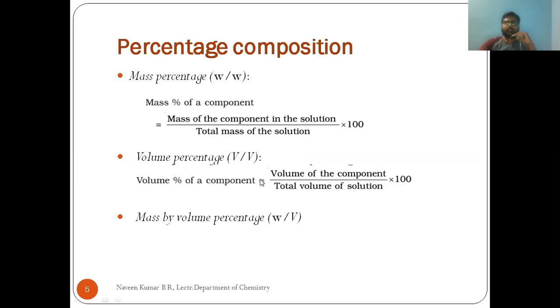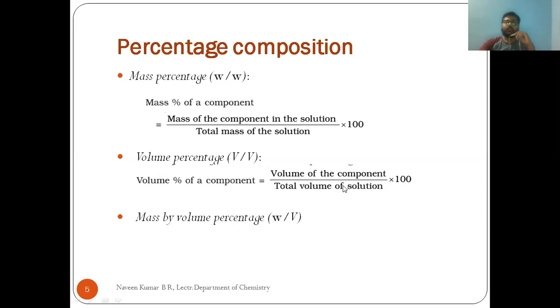For example, here 35% of ethanol in water, if it is volume by volume, signifies 35 ml of ethanol in 65 ml of water. Together, total volume of the solution is 35 plus 65, 100. Volume of the solute, we take it as ethanol 35 ml.